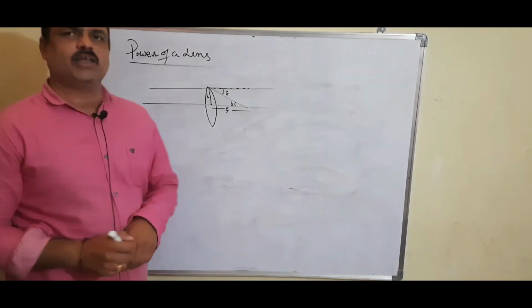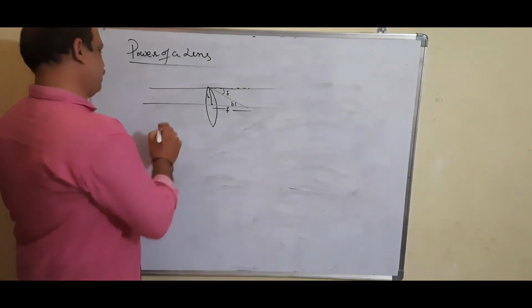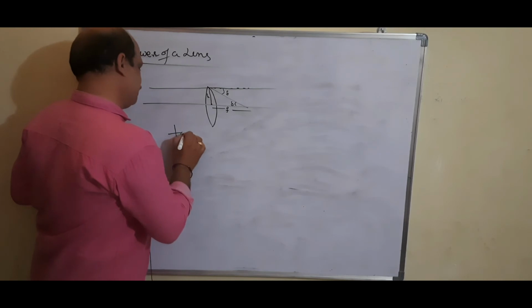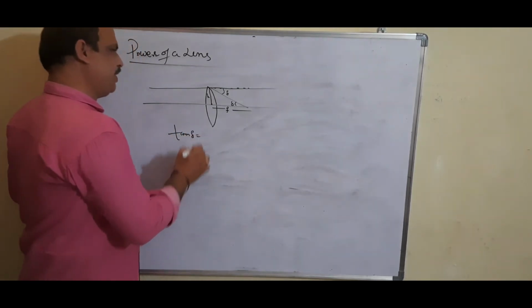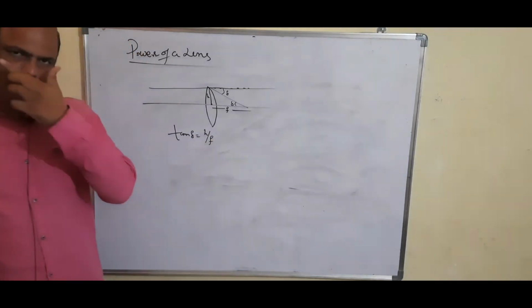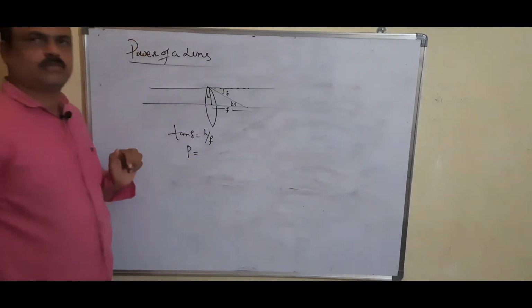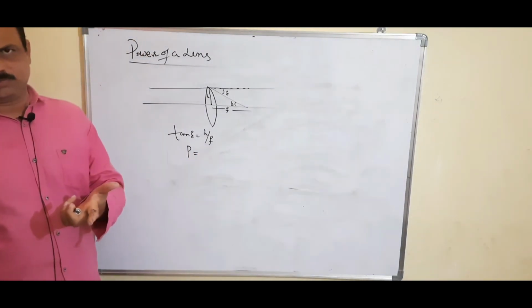That tangent angle, we call power of a lens. So tan delta is equal to h by f. So this tan delta is equal to power.